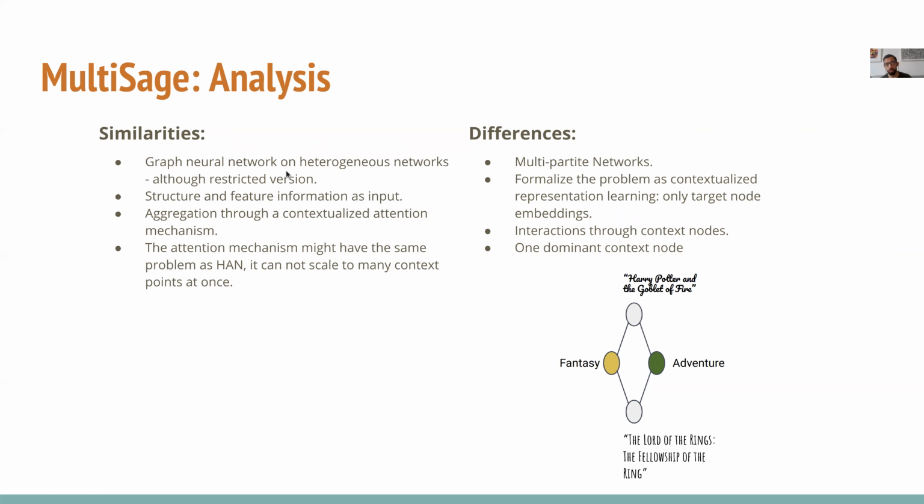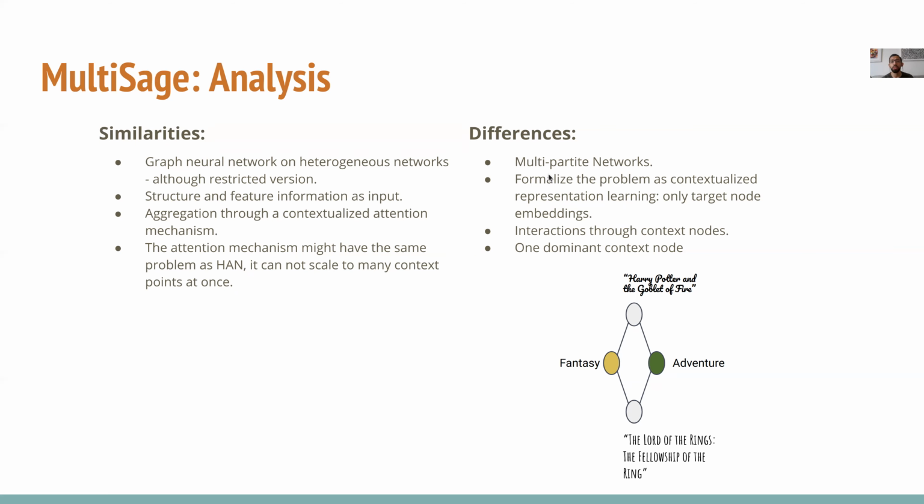MultiSage considers the structure and feature information of the nodes because it's a graph neural network, and this is similar to Han, but different from Hin2vec. And they apply an attention mechanism, which is again similar to Han.